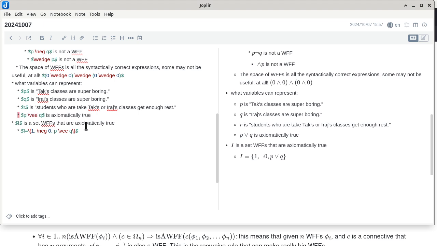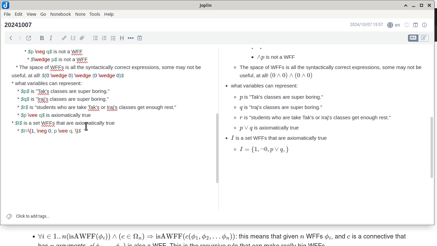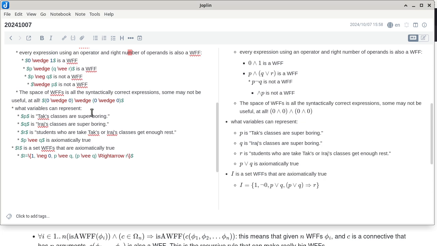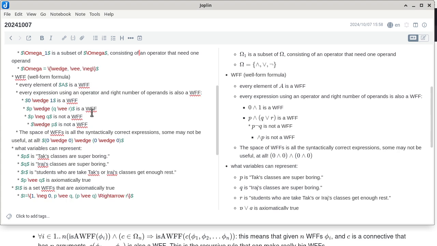I think that's enough here. Oh, I can do this. So I can now also say P or Q implies R. So that means I need one more operator in my omega.